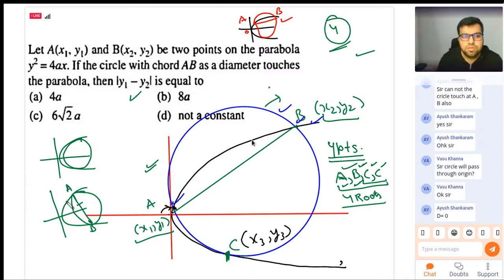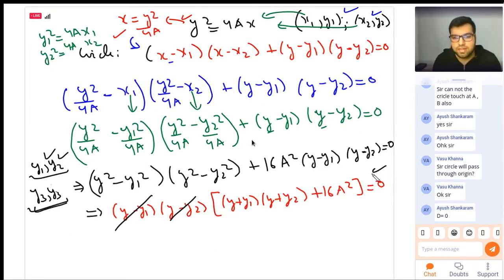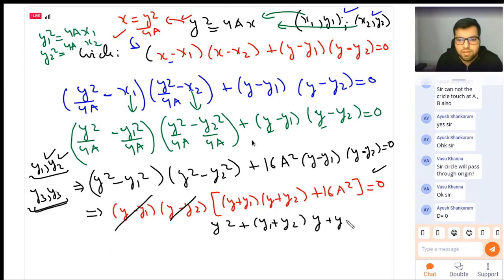So according to this biquadratic equation, we will do D equals 0, correct, Ayush? Because the root will be repeated, y3. So now solve it. This will become y square plus (y1 plus y2) y plus y1 y2 plus 16a square. And now since the roots are repeated, because at point C the circle is touching the parabola, I will do D equals 0.